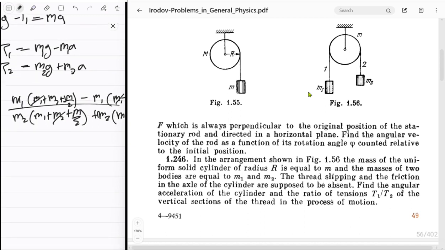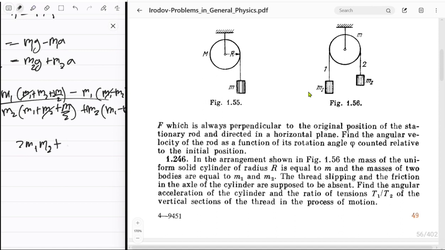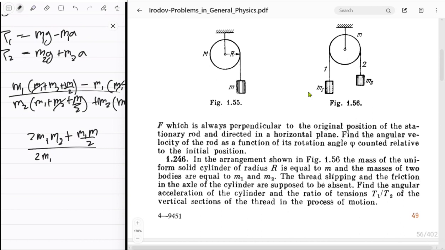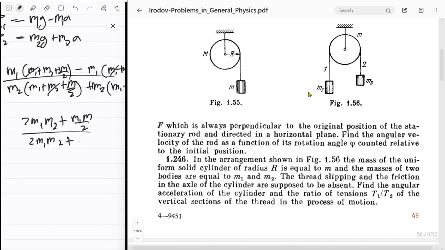Fine. So you got m1 m2 plus m1 m2, so you got 2 m1 m2. And you got this thing: m1 m upon 2, and then over here 2 m1 m2, plus m2 and m upon 2. Perfect.